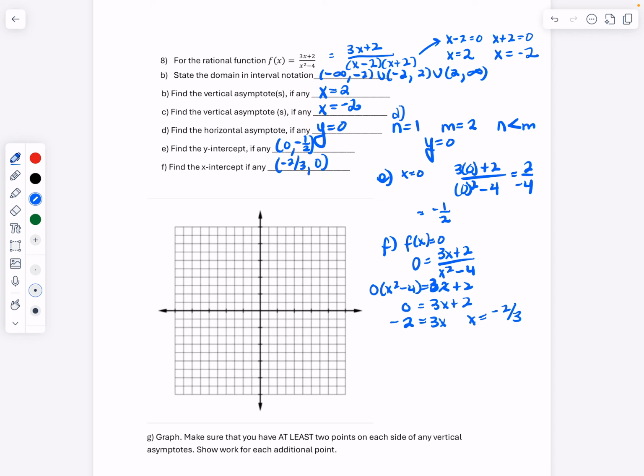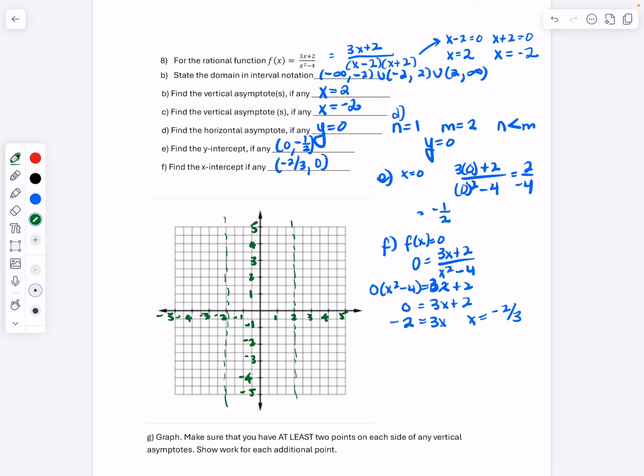All right, I'm going to now graph what I have. So I'm going to put in the asymptotes, one at 2 and at negative 2. So there's the one at 2, and here's the one at negative 2.